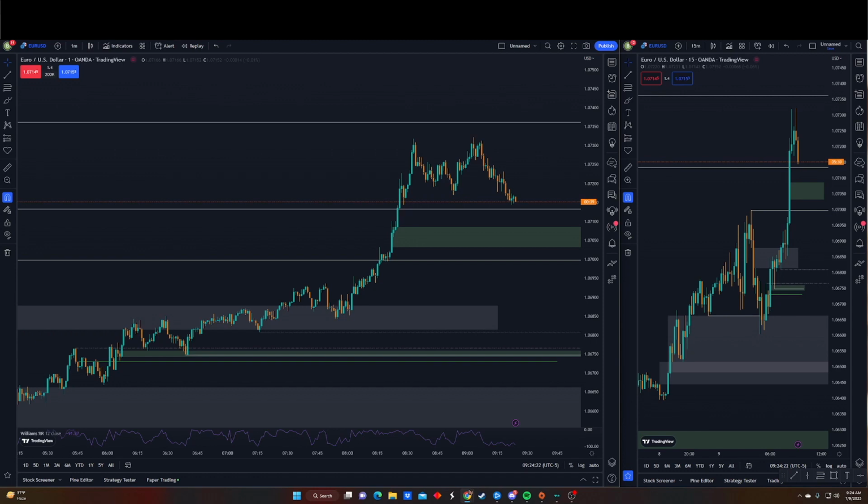But this is where I'm really interested. This level here, 107.133. Is that going to hold support? What is that going to do? Dollar still has some room to move, retracing into its range.